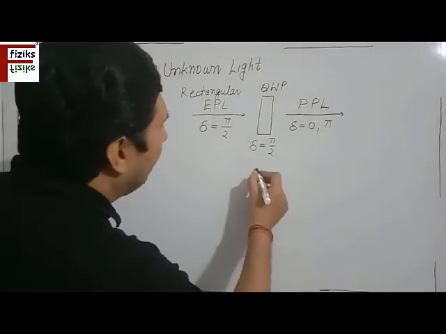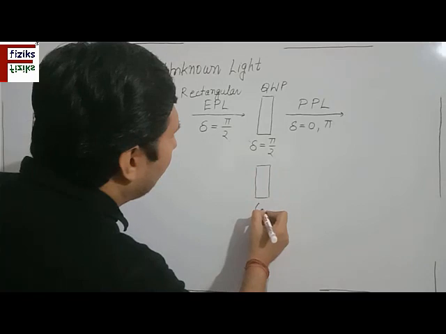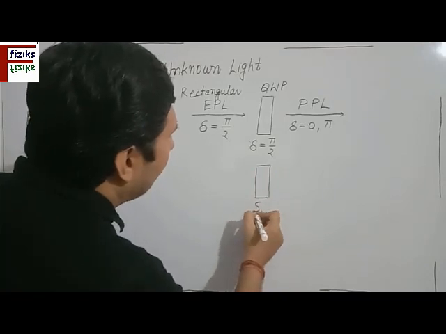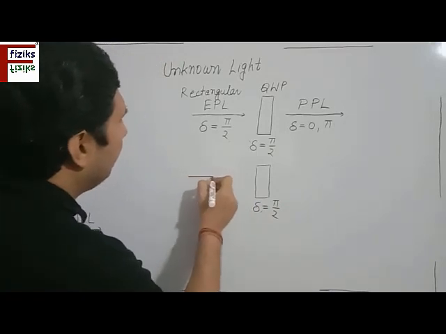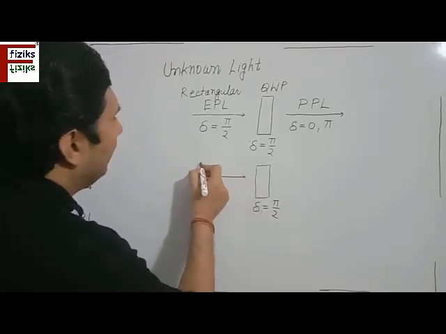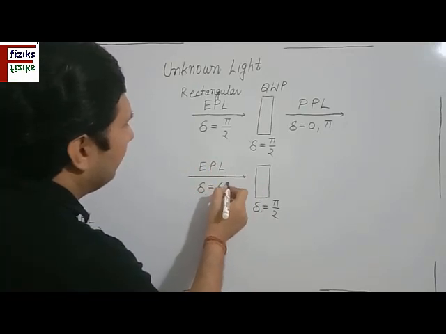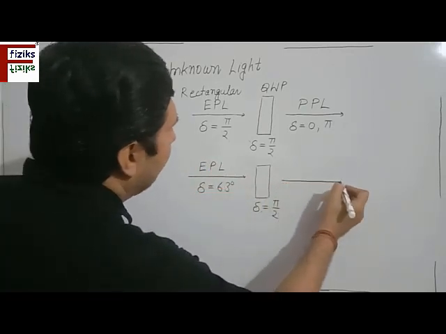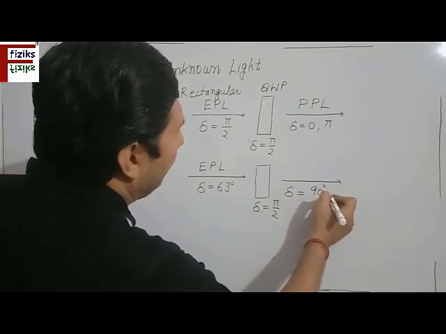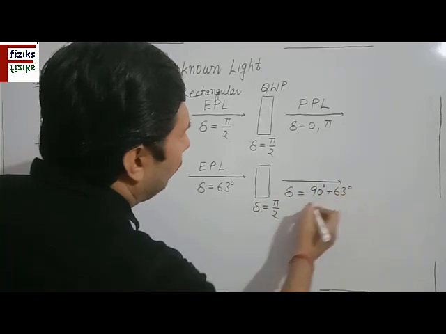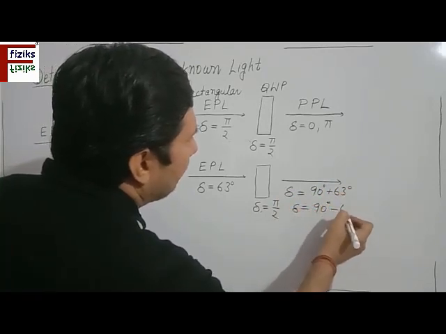So this is the quarter wave plate, and it is introducing a phase of pi by 2, and here this is elliptically polarized light, and suppose delta is 63 degrees. So on this side we will have delta equal to 90 degrees plus 63 degrees, or delta equal to 90 degrees minus 63 degrees.